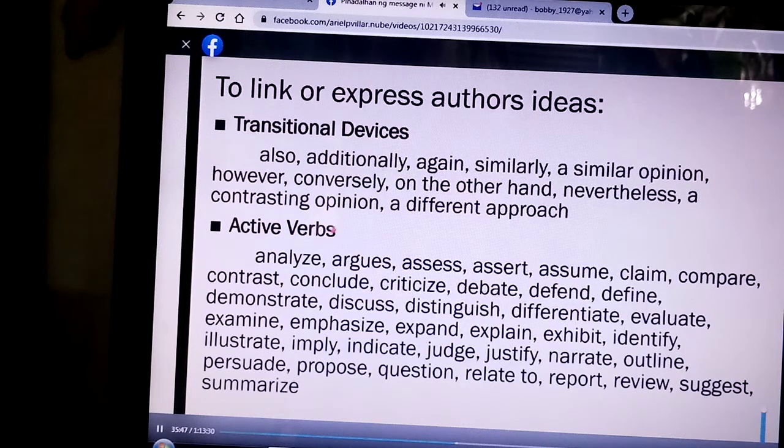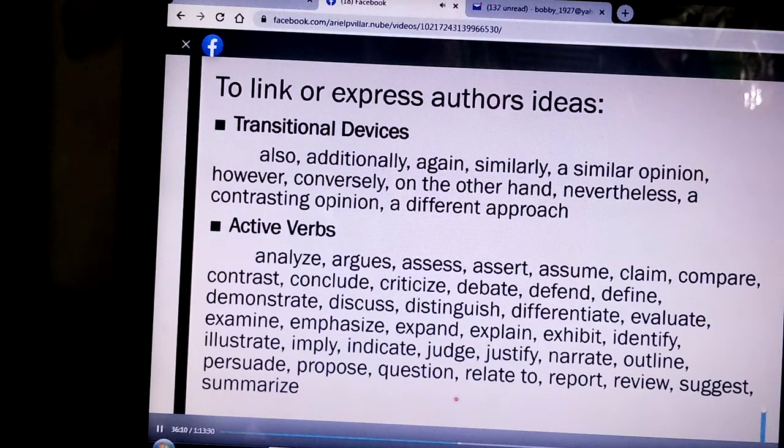Did they analyze? Did they argue? Sila ba'y nag-assess? Sila ba'y nag-compare? Sila ba'y nag-demonstrate? So you use the different variety of active verbs based on what the authors did in their study, o kung ano yung mga ginawa nila based on their contributions sa review of related literature. Huwag lang puro noted, explain, paulit-ulit. You have plenty of active verbs to use in your study.